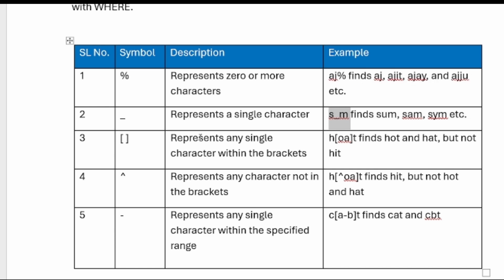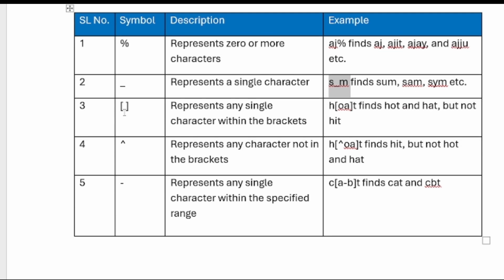Make sense? Likewise we have the box bracket, and this says a single character within the bracket. So let's say I'm telling H, and in box bracket I'm saying O or A, and then T. So it can display HOT, it can display HAT, but it will not display HIT because I is not there in O and A. So make sense?